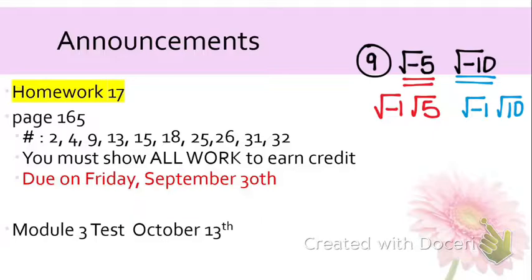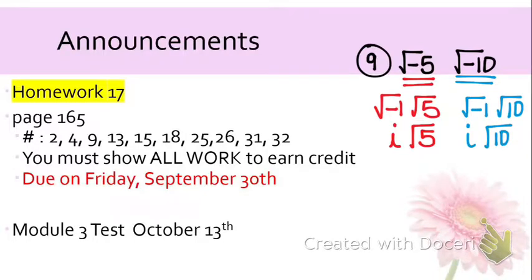So the square root of negative 1 is i. We can't do anything with that 5. So there isn't a number in this box that I can divide into 5. So I'm just going to leave that as the square root of 5. And then this becomes an i and a root 10.